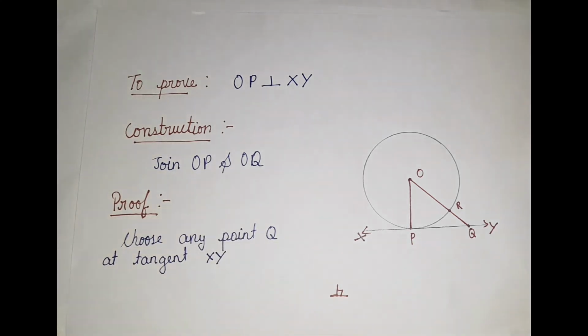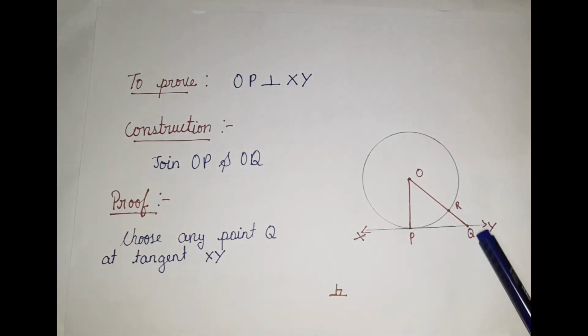What does it mean? We are supposed to choose any point Q on this line XY. Why? Because then it will be easy to prove it. So we are just taking the point Q.